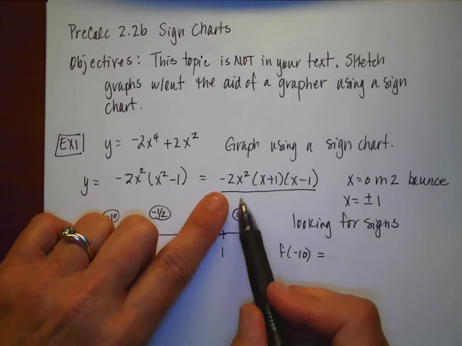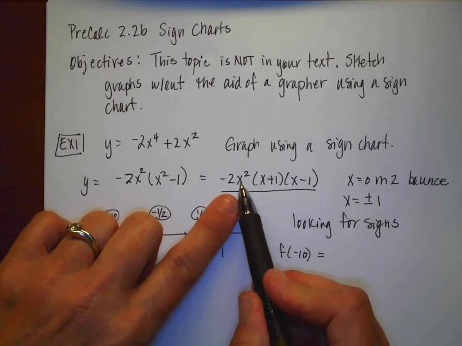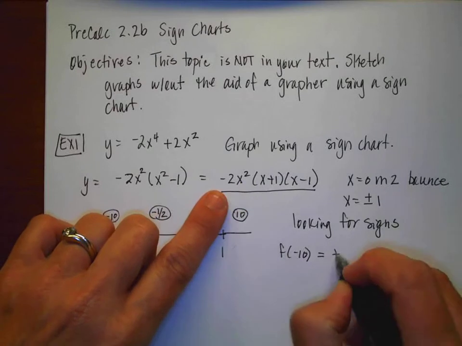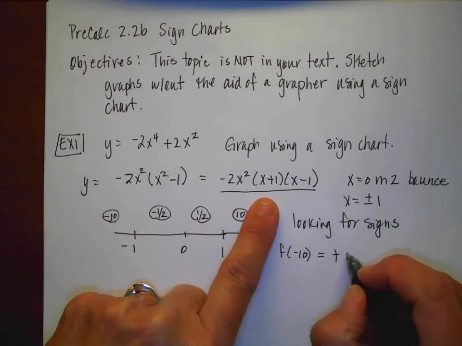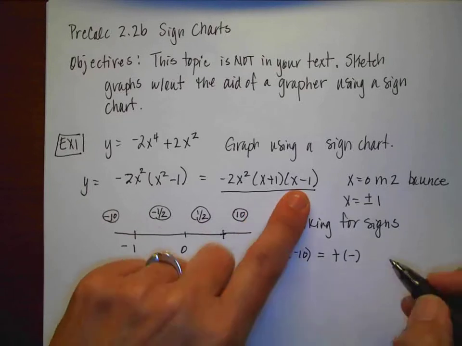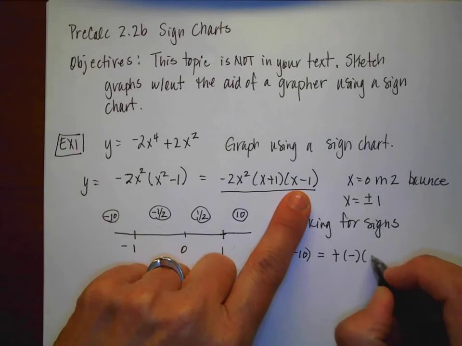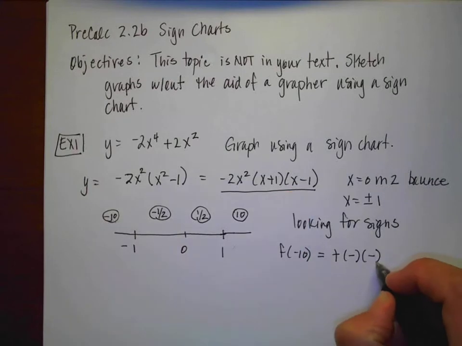So then I'm just going to write down what happens. A negative 10 squared is a positive number because it's squared, times a negative, so the first value would be positive. A negative 10 plus 1 is a negative, and a negative 10 minus 1 is another negative.